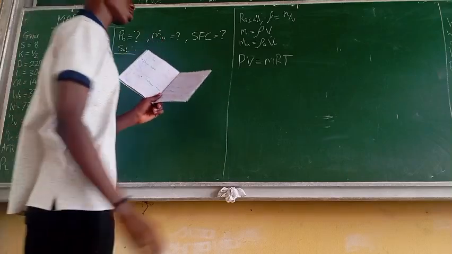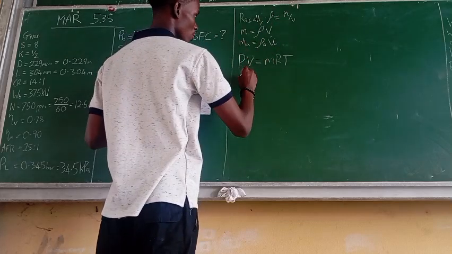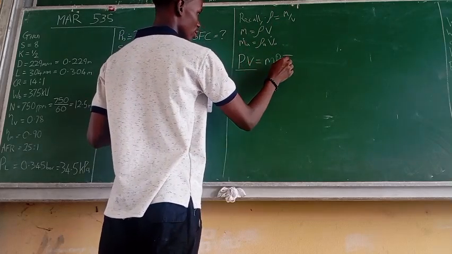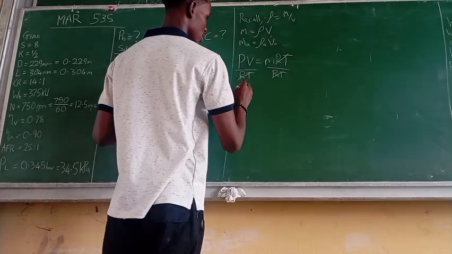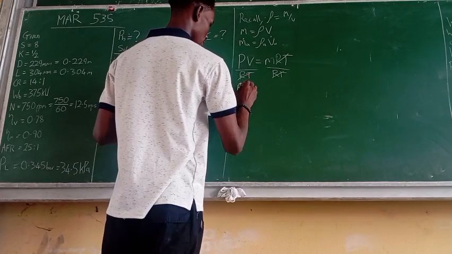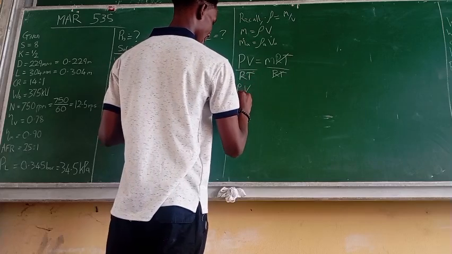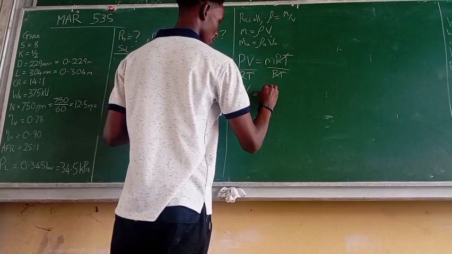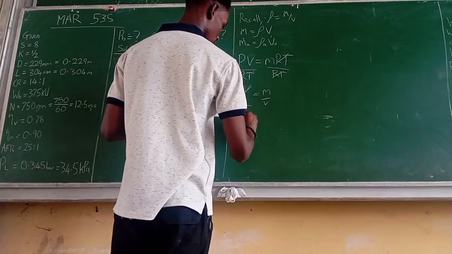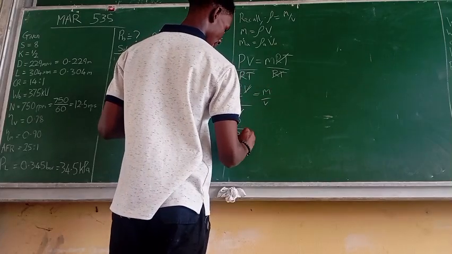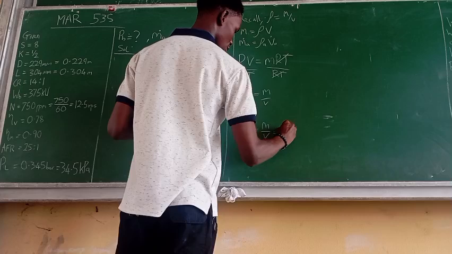If we rearrange this to make M over V, which is density, the subject of the formula, we divide both sides by RT, and we have PV over RT equal to M. Divide both sides by V, and we now have P over RT is equal to M over V, and M over V is density.